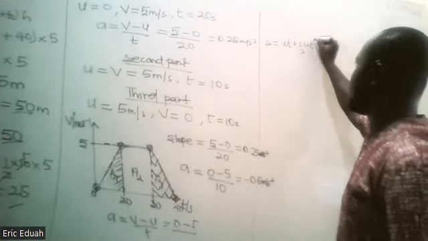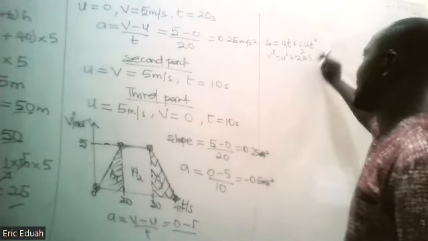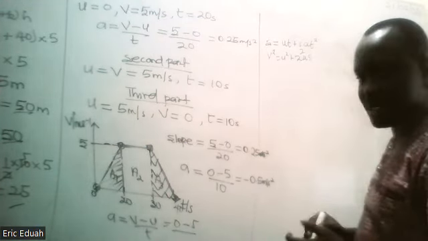And there's another caveat: we can also use v squared is equal to u squared plus 2as to find s, which is distance. We cannot use either this or that, even if in the first part of the equation we have v, we have u, we have t. And so we use that to determine acceleration.